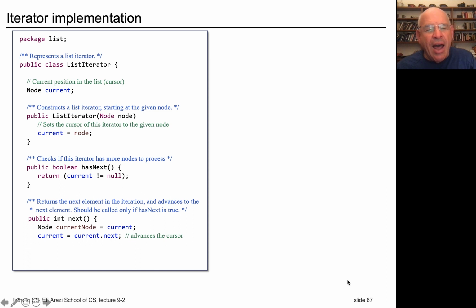And then I advance current to the next element in the iteration. And then I return the value of current node. I return the value of the previous element, because that's what the API promises to do, and that's also what it's reasonable to do. So that's it. That's the implementation of the list iterator.